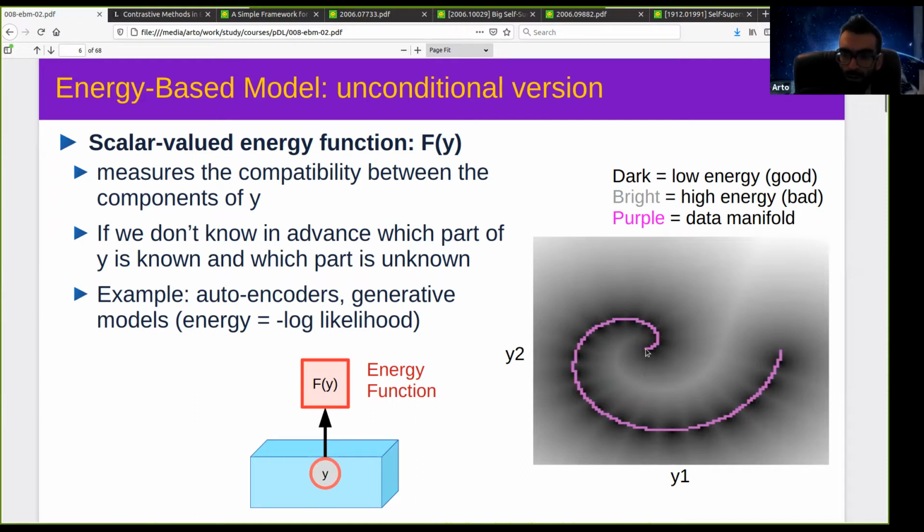Yeah, so here on the data manifold we have low energy, which means these data points look like they are sampled from our data distribution, and points over here, for example, would look improbable to our model as they have high energy, right?